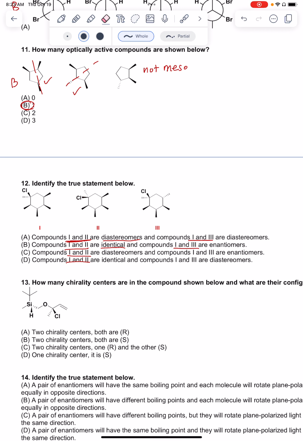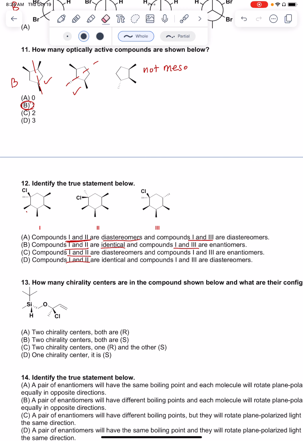They've just switched which one is sticking out and which one's sticking up. The methyl is still on a dash over here, and the chlorine is still on a wedge. Nothing's changed, so these are identical.